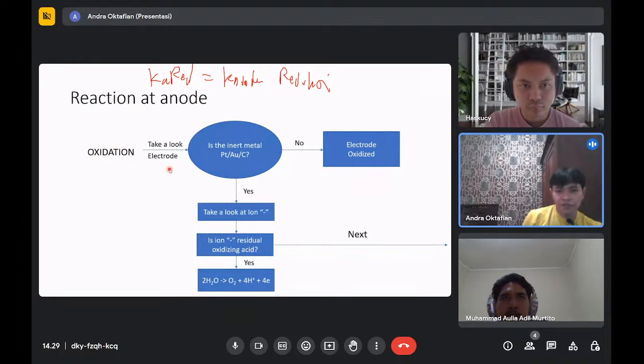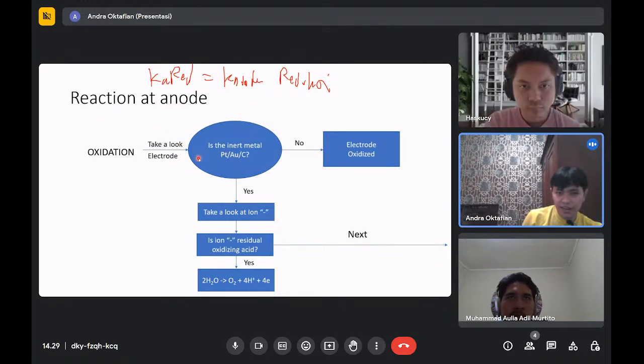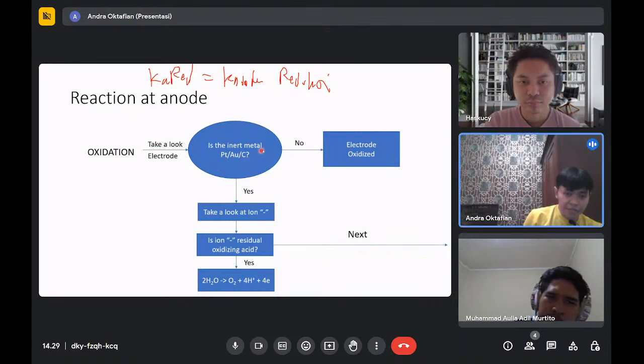First, in oxidation at the anode, we need to see whether the electrode is an inert metal, such as Au or Pt, platinum, gold, or carbon.